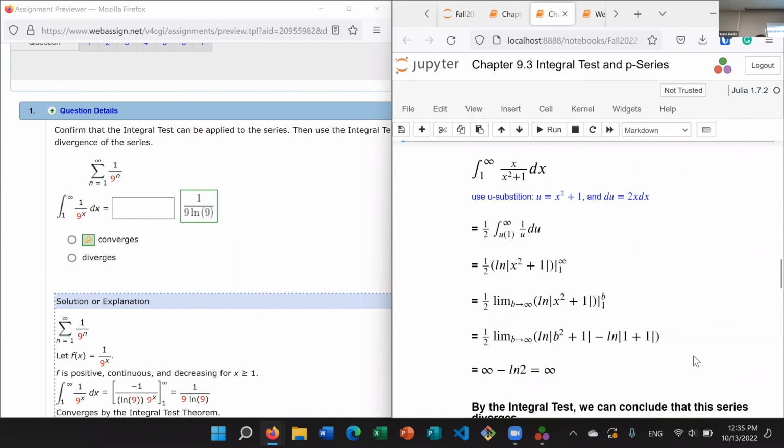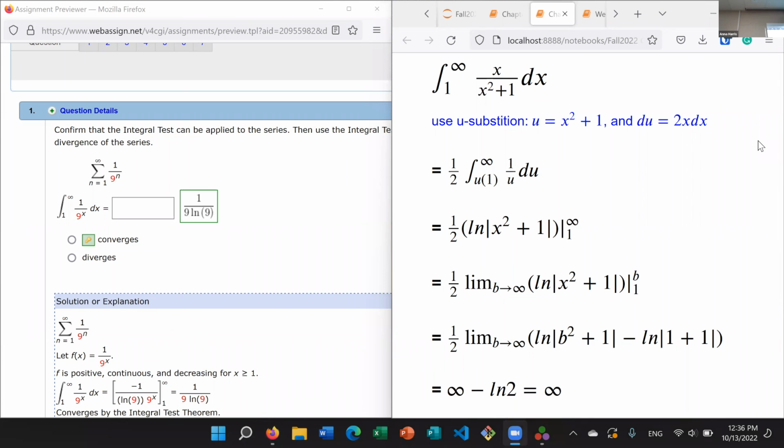All right, so the integral test. I'm going to replace n with x. Is everybody with me? As you can see, I replaced n with x, so I can take the integration. Now look at this: x over x squared plus 1. Does anybody recognize you can do substitution right away?